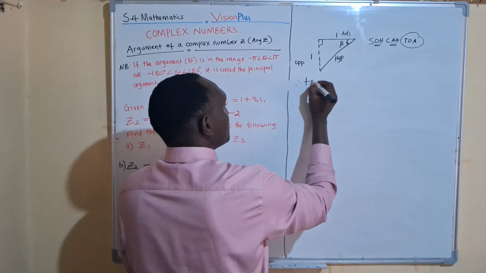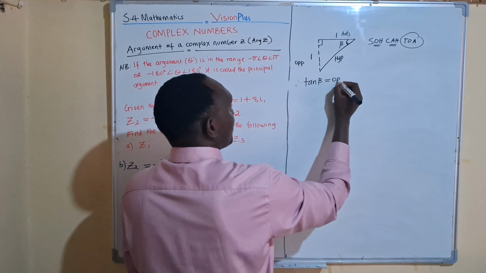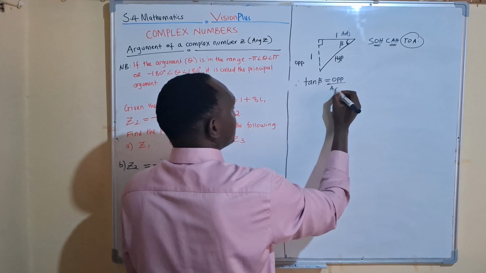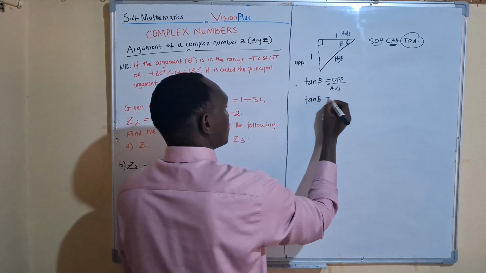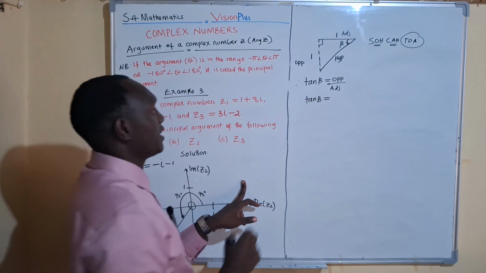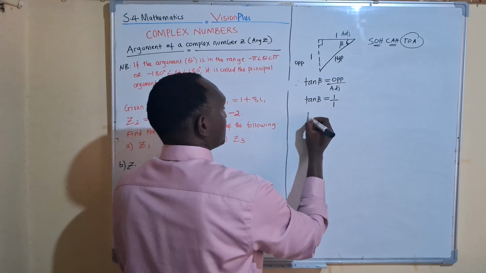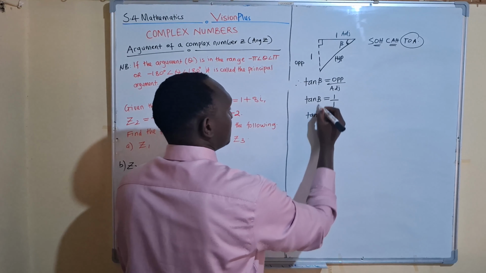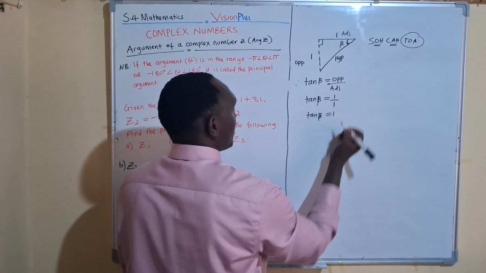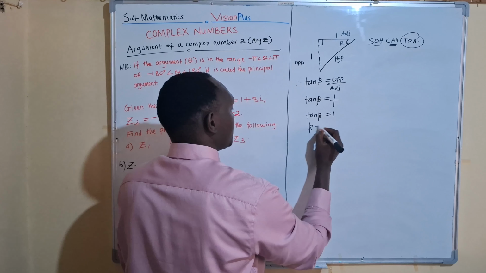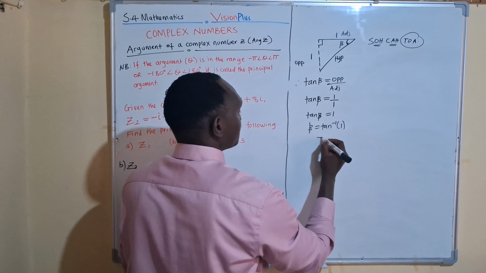Therefore, we shall say tan of beta, which is our angle, is given by opposite over adjacent. That means tan of beta equals opposite to the angle, which is 1, over adjacent to the angle, which is also 1. Therefore, tan of beta is 1 divided by 1, which is 1. So now the angle beta becomes the arctan, or tan inverse, of 1, which is 45 degrees.